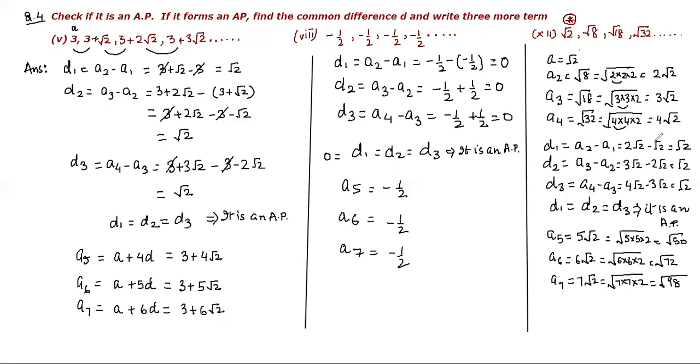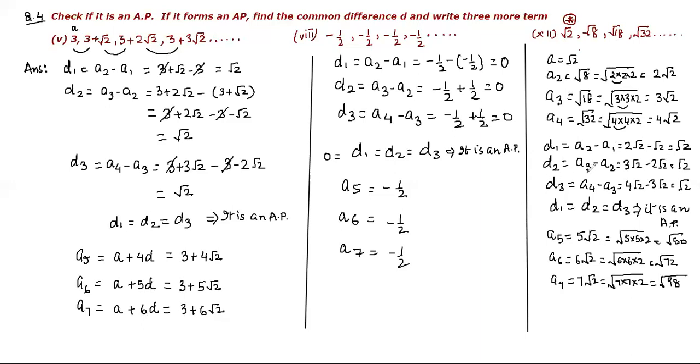Now I have to check whether they are the terms of an AP or not. So whenever I want to check whether they are the terms of an AP or not, I will find out all the possible D's. So D1 will be A2 minus A1, that is 2 root 2 minus square root 2, that is square root 2.